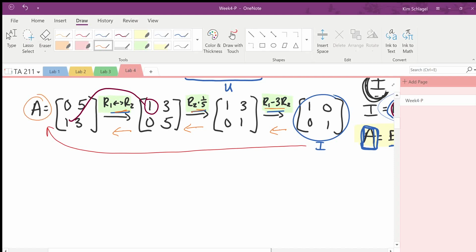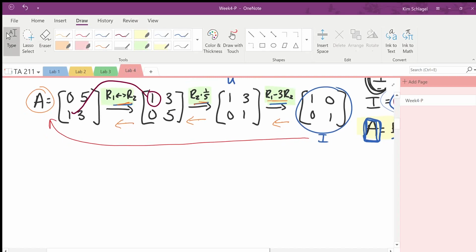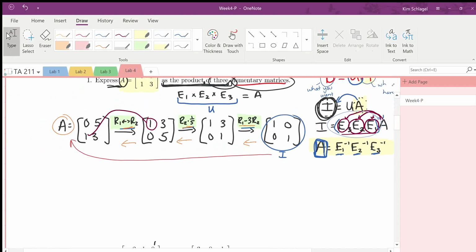Well, the answer is yes, it will. So that's exactly what we're saying over here. Once again, we're taking A and doing these row reduction steps, and it's giving us the identity. Well, what if we want to do it the opposite way?